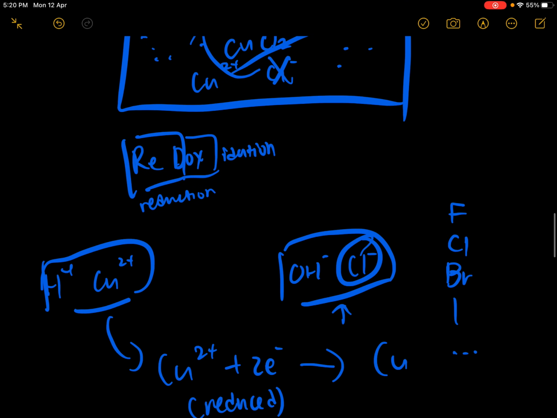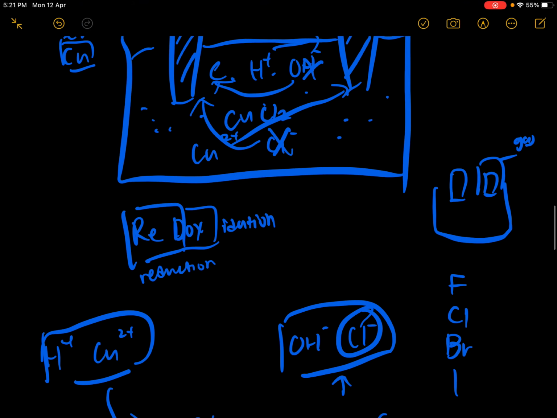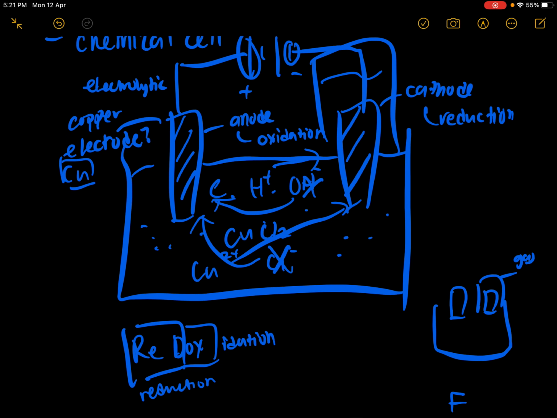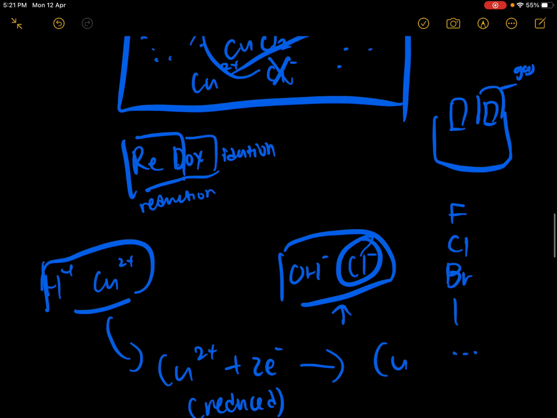If it's oxygen gas, you will see an electrode like that, and you see one part is covered. That means it is gas. Gas is collected here. If it's just normal like this, with no extra add-on here, what happens is your substance here goes onto the electrode.